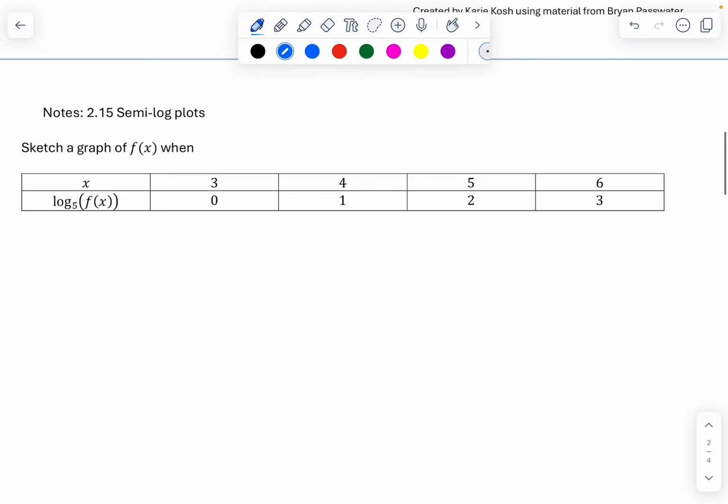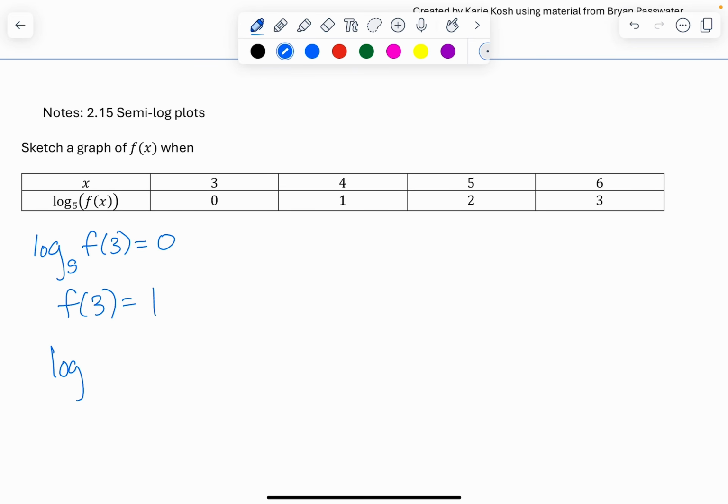Okie dokie. The next one, I have sketched a graph of f(x) when they give you this information. So let's start setting this up. If log base 5 of f(3) is equal to 0, this tells us f(3) will be equal to 5 to the 0 power, which is 1.